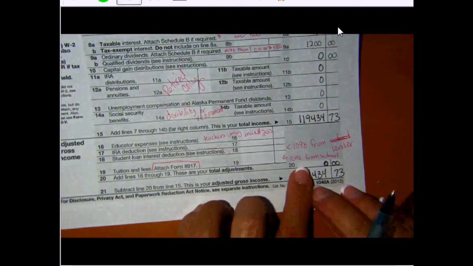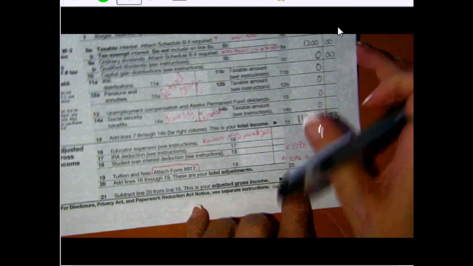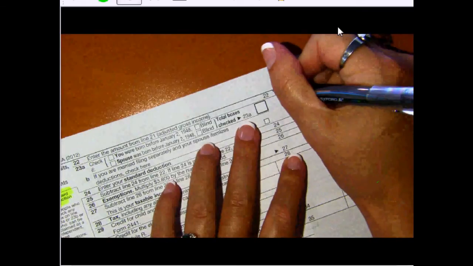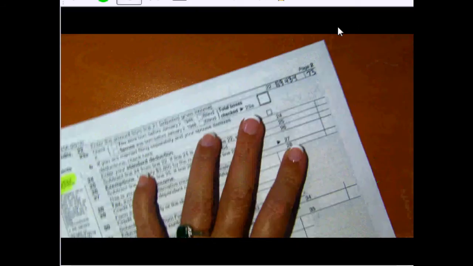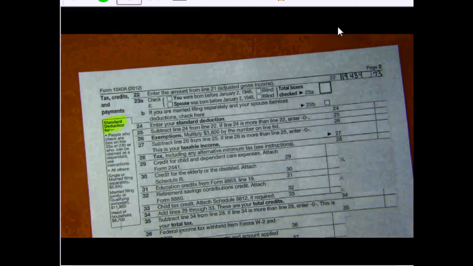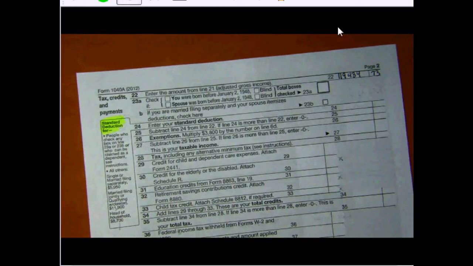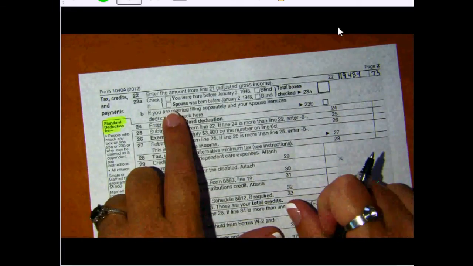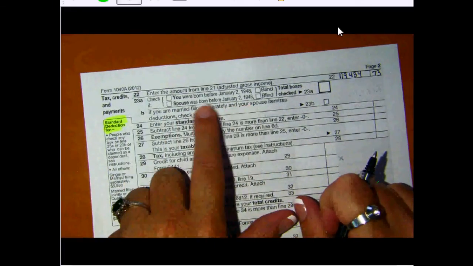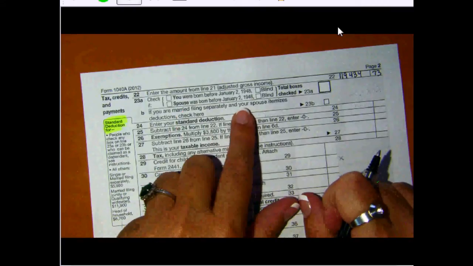Okay, now, once you have this amount, this exact same amount goes on the very top of the next page. You just carry it over. None of you will ever have to check this box that you were born before 1948.